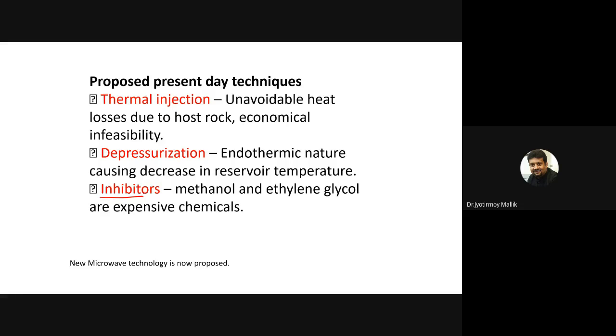Then there are inhibitors: you put some chemicals inside, like methanol or ethylene glycol, that would also help release the methane, but they are expensive chemicals. So there are three processes proposed to take the clathrates out: thermal injection, depressurization, and inhibitors. And all of them have their own challenges.